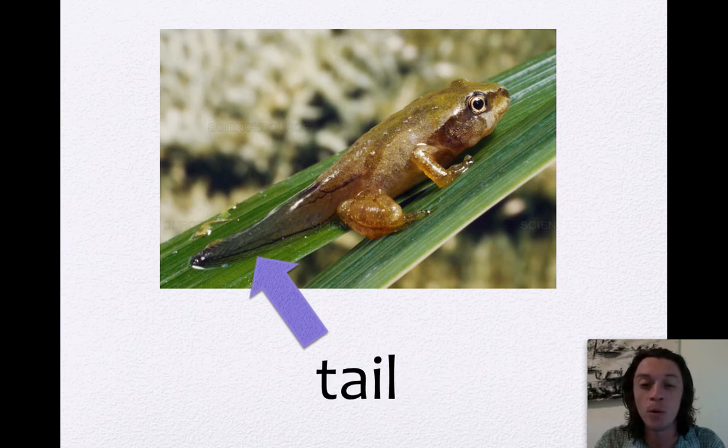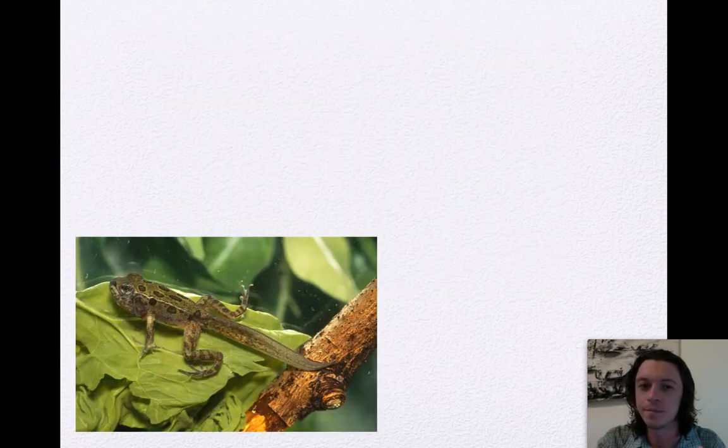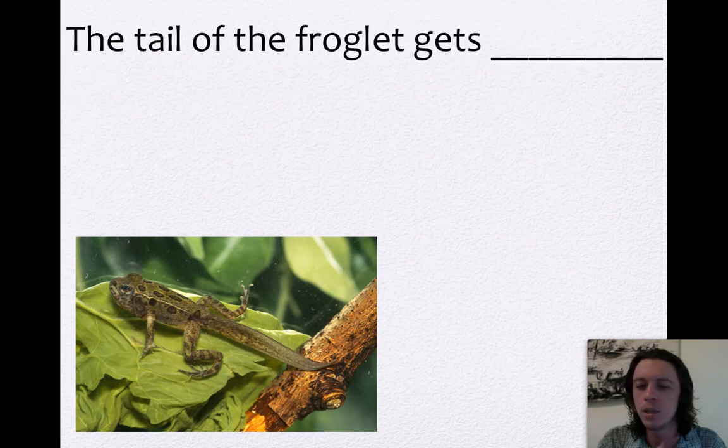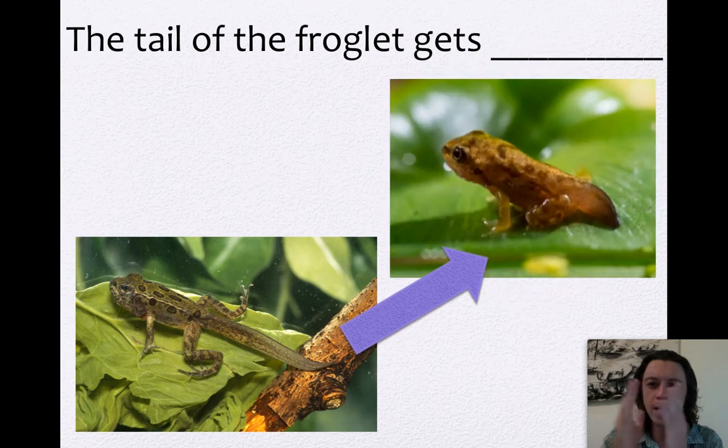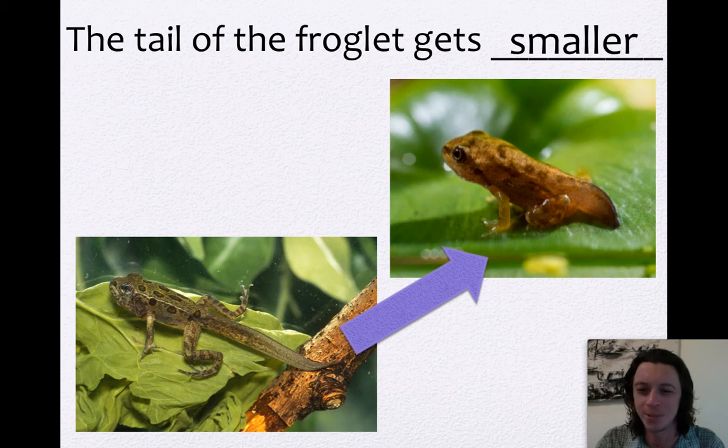So the tadpole has a tail, and so does the froglet. But look, the tail of the froglet gets bigger or smaller? Smaller, correct.